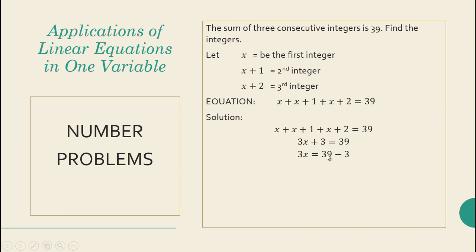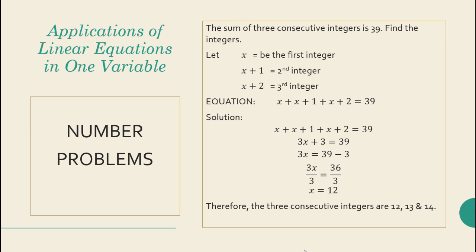Then 3x equals 39 minus 3. Then 3x equals 36. Both sides will be divided by 3 to get our x, which is equal to 12. Therefore, the three consecutive integers are 12, our x, plus 1, that will be 13, plus 2, that will be 14. So, our three consecutive integers are 12, 13, and 14.